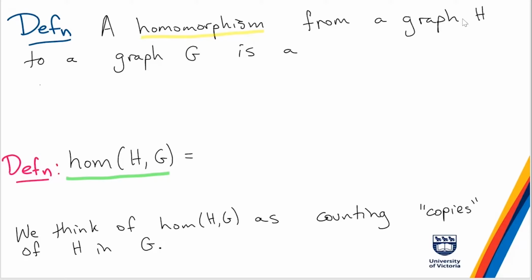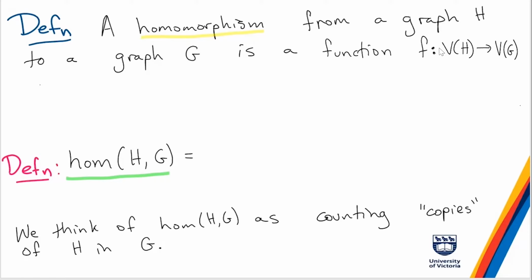So a homomorphism from a graph H to a graph G is a function f from the vertices of H to the vertices of G. If you know isomorphisms, that'll help here. And if you know things like group theory, you may have seen the words homomorphism and isomorphism.